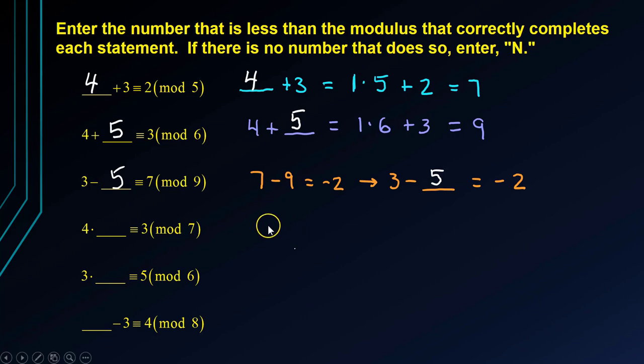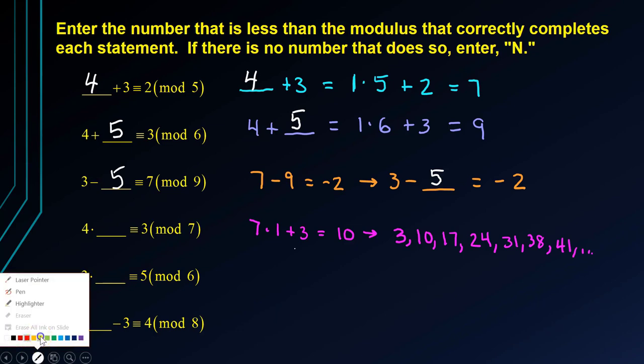Some of those numbers, starting with 3, would be 10, 17, 24, 31, 38, 45. As you can see, all I'm doing is jumping up by 7 each time on this list. And if I keep going, I'd have 48, and so forth and so on. As a matter of fact, I might even want to include that for this discussion, so let me put that at the end here.